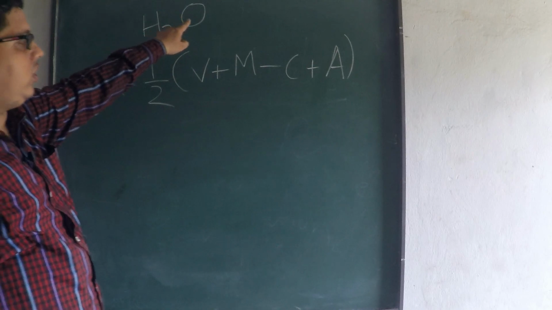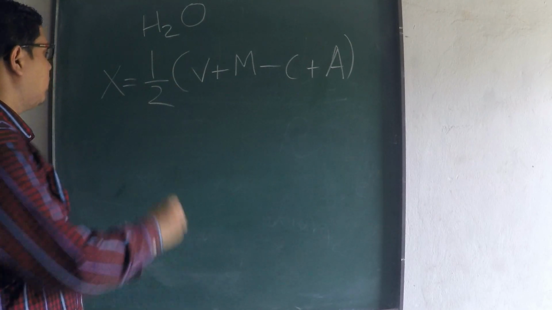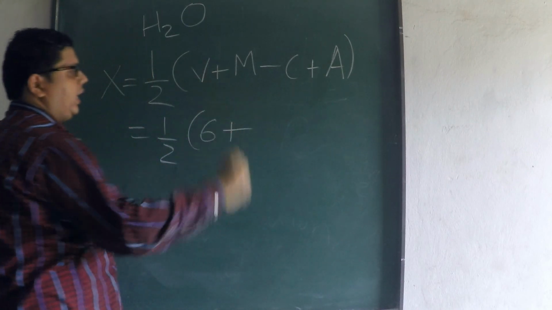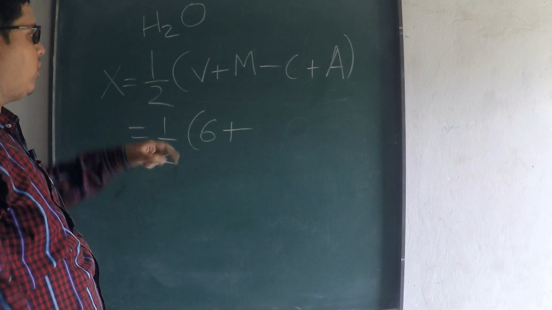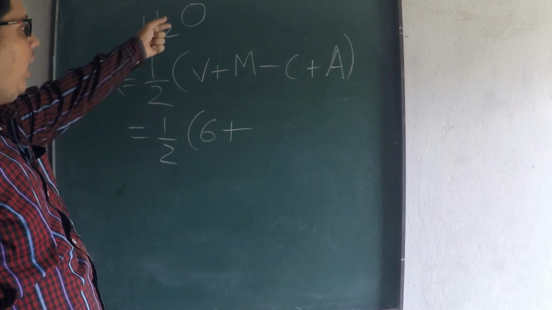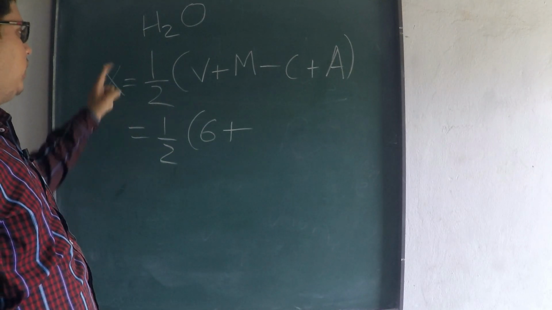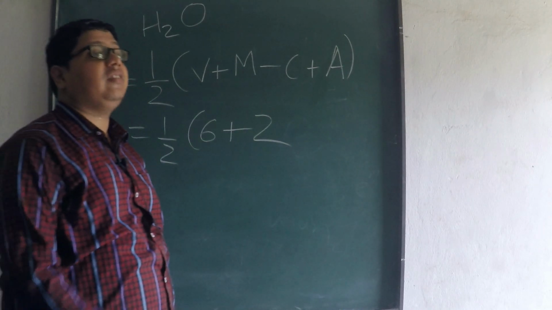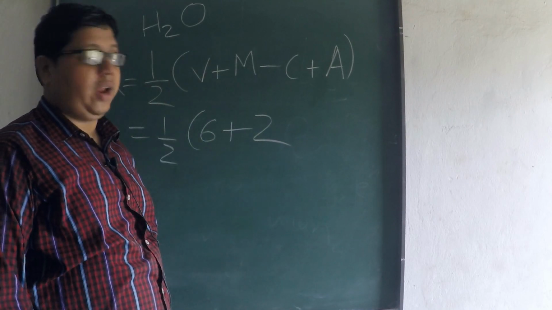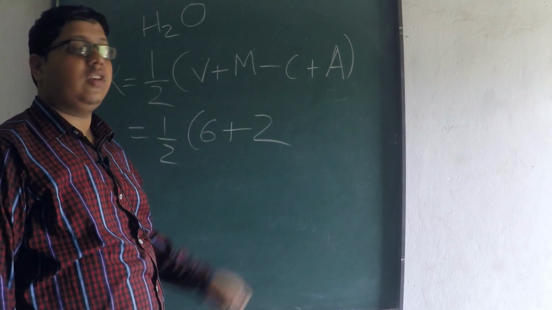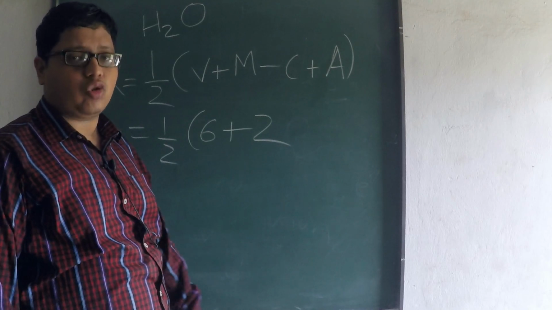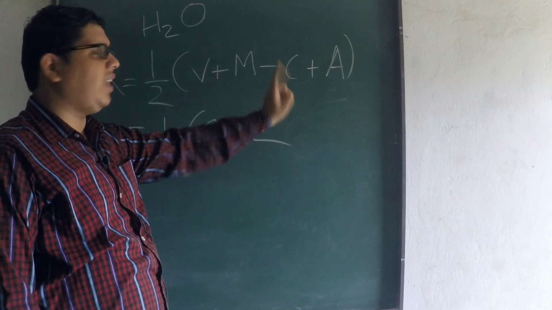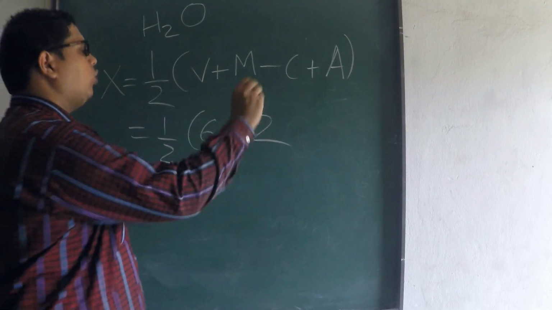Here oxygen has 6 valence electrons, and M is the number of monovalent atoms associated with oxygen. Here there are 2 hydrogen atoms, so 2. C is for a cation: if it has a positive charge, then we subtract. A is for an anion: if there is a negative charge, we add the number of electrons, because negative charge means more electrons, positive charge means less electrons. But we have neither, no charge here, so we will ignore this part.